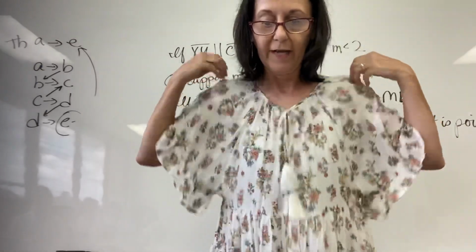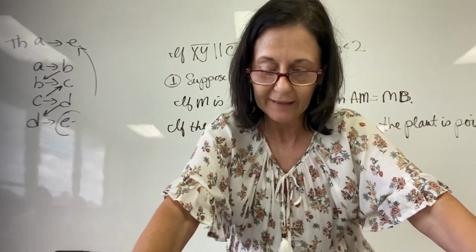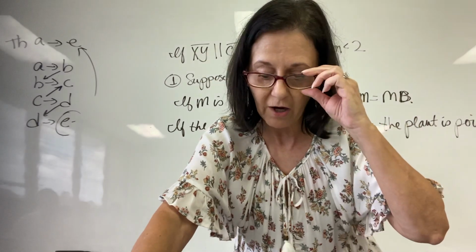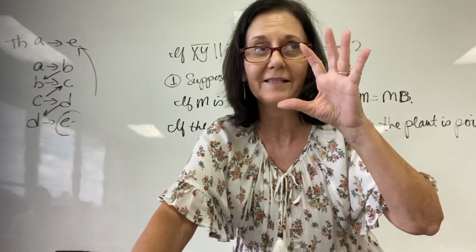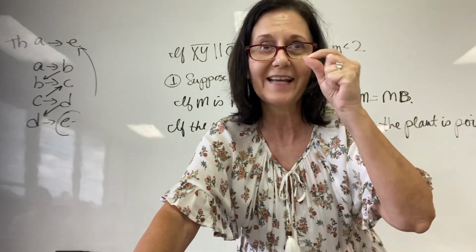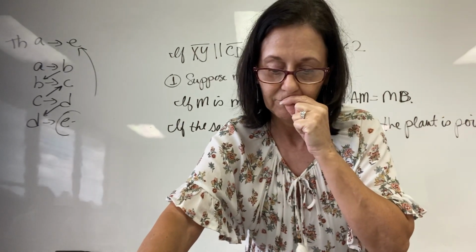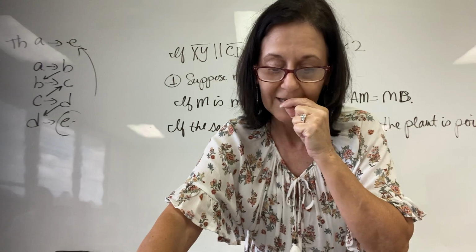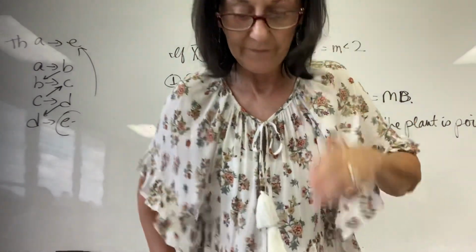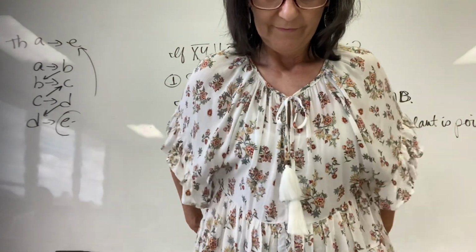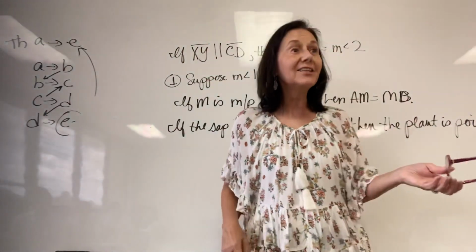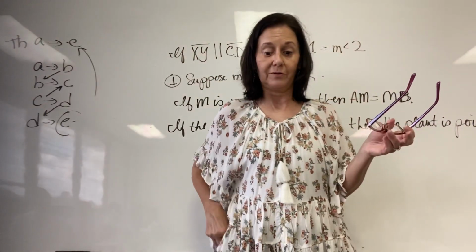All right, number 4. If a teacher is cross-eyed, he has no control over his pupils. What is the first statement? What is it, Therese? Suppose he has control over his pupils.